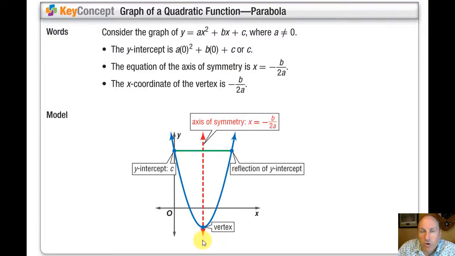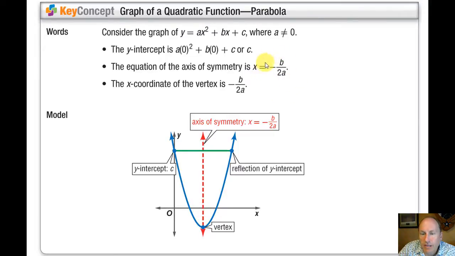Something that's true of all axes of symmetry for these quadratic functions is that it occurs along the line x equals negative b over 2a, where a and b are the coefficients of the quadratic and linear terms respectively. X equals negative b over 2a divides that parabola into two congruent parts. And so that is the equation of a vertical line passing through the x-axis.